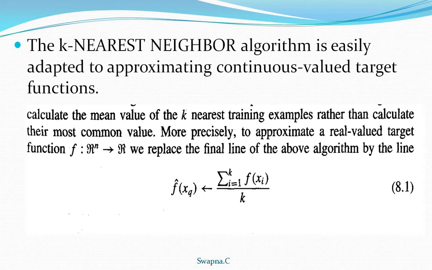For continuous valued target functions, to find the nearest training examples, this is the formula. And this we already know: f cap of xq means the target value of this query instance. How are we finding it? By using this formula. What is the k value here? How many nearest neighbor examples you want to consider? That is k.